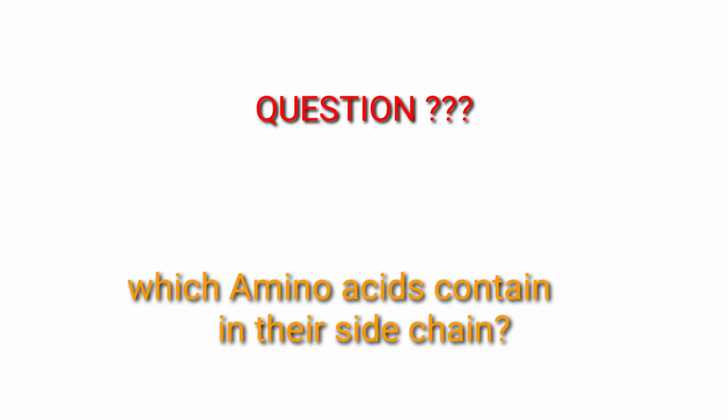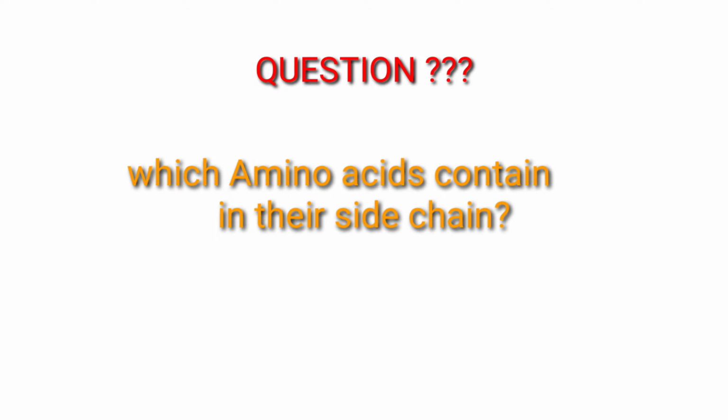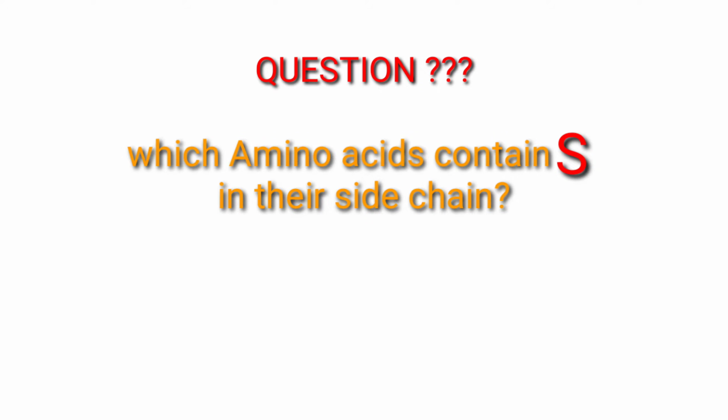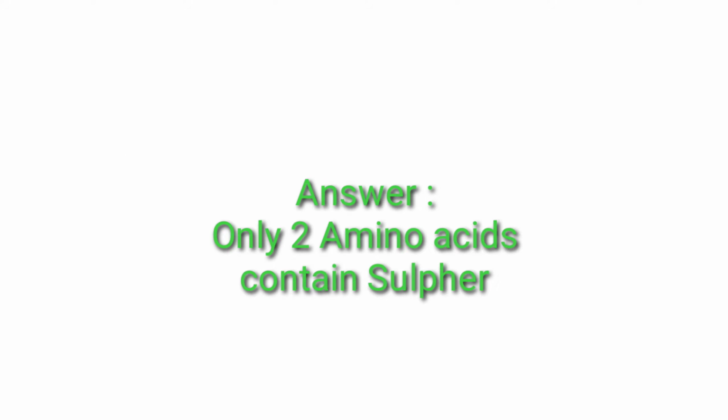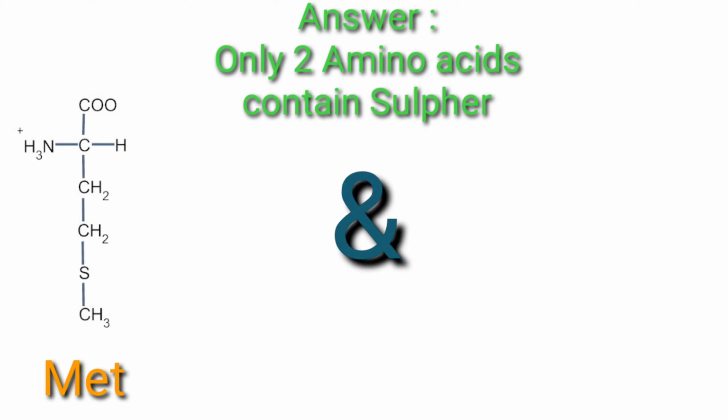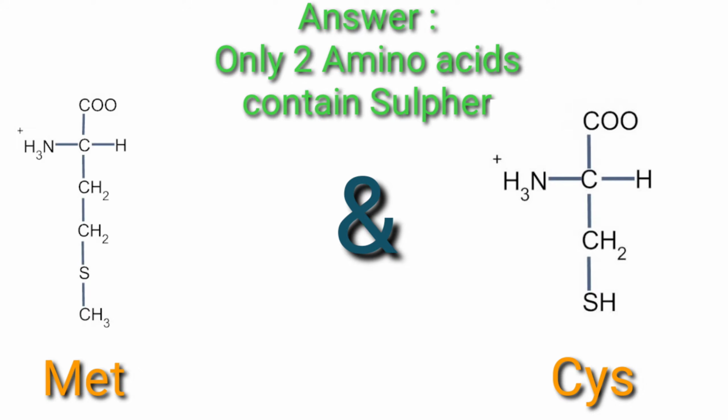Which of the 20 amino acids contain a sulfur atom in their side chain? Yes, there are only two amino acids. Methionine and cysteine are the two amino acids which contain sulfur in their side chain.